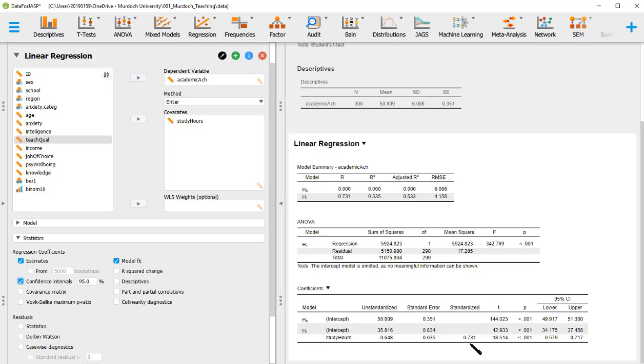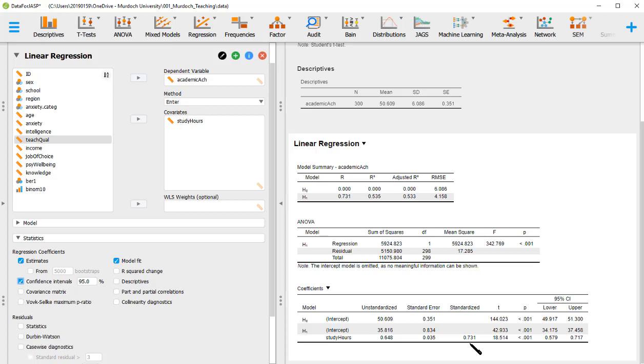Then after we do that with both study hours and academic achievement, we calculate the slope. Why not the intercept? Because the intercept will be 0.